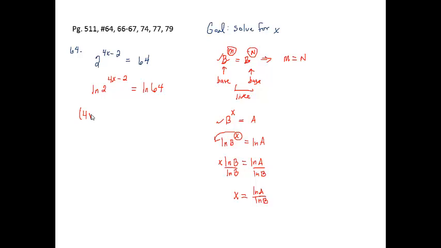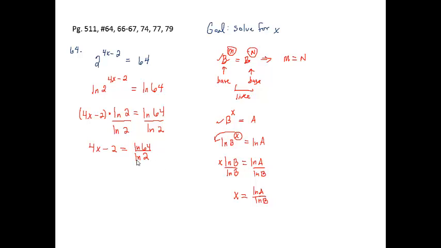So now I have 4x minus 2 times the natural log of 2 equals the natural log of 64. Well, the natural log of 2 is just a number, and he's multiplying, so how do I move him? I divide by the natural log of 2. So now I have 4x minus 2 equals the natural log of 64 divided by the natural log of 2.